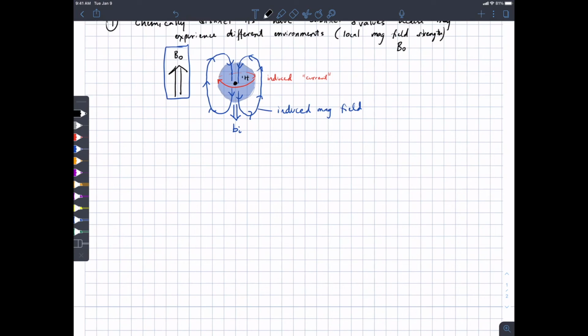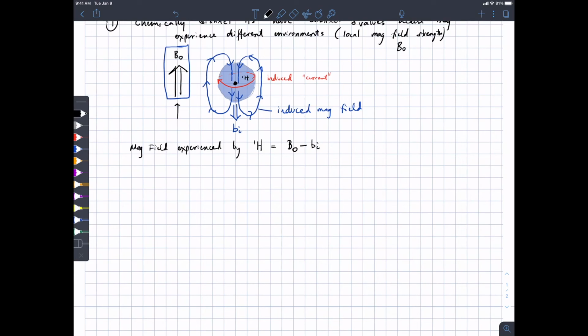So what kind of magnetic field is experienced by the proton? It's not the whole magnitude of capital letter B subscript 0. You've got to subtract that induced magnetic field.